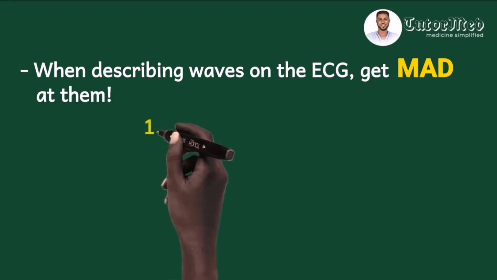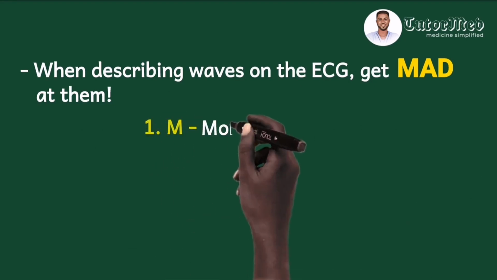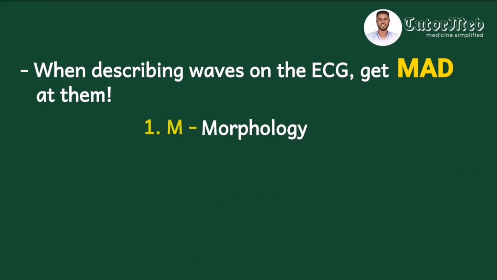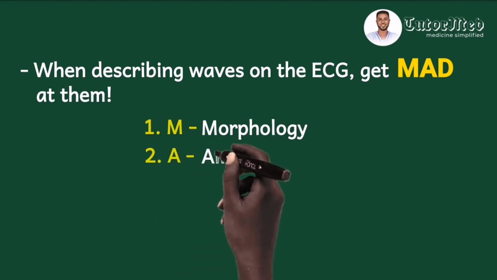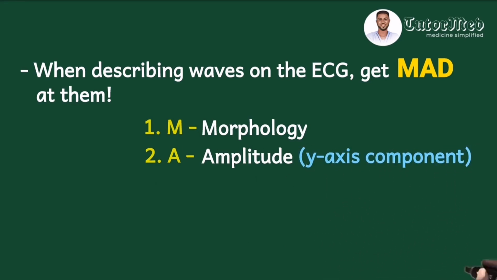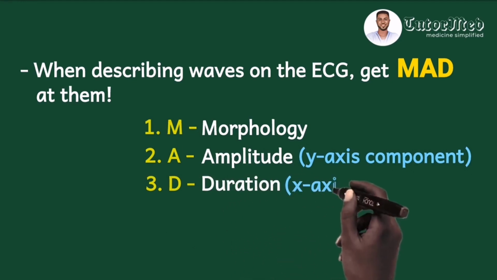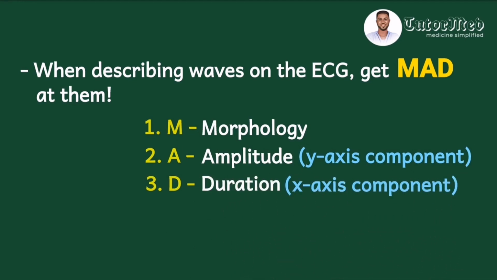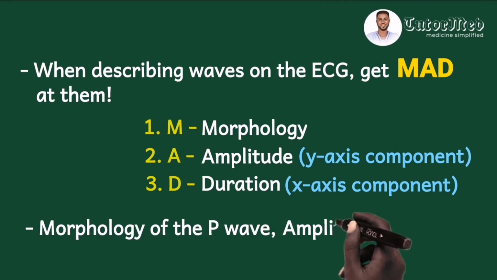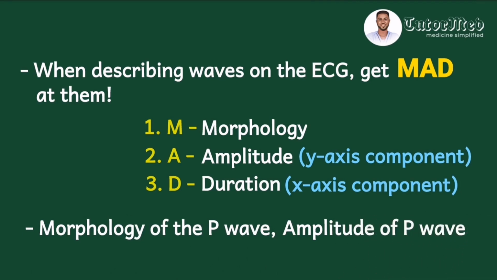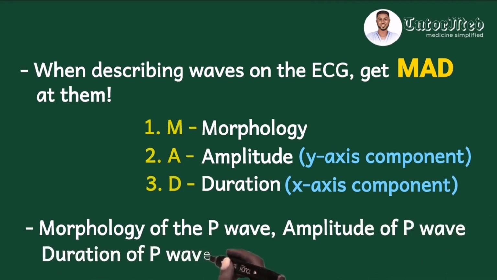The M represents the morphology of the wave. The A represents the amplitude of the wave, which is the y-axis component of the wave. And then the D represents the duration of the wave, which is the x-axis component. And so for the P wave, we are interested in the morphology of the P wave, the amplitude of the P wave, and then the duration of the P wave.